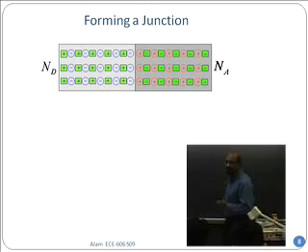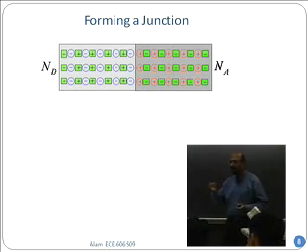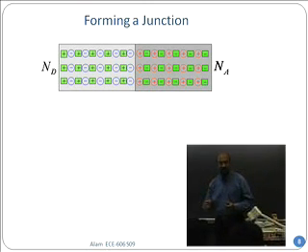And similarly for the acceptor side, you can see that the green squares are negative. These are acceptor atoms sitting fixed in real space and each has captured one electron. Where did that electron come from? From the valence band.